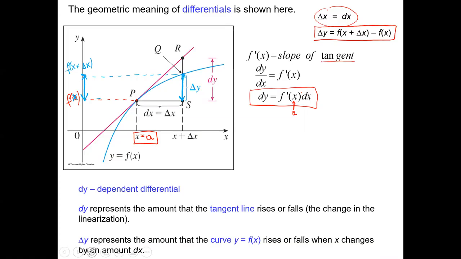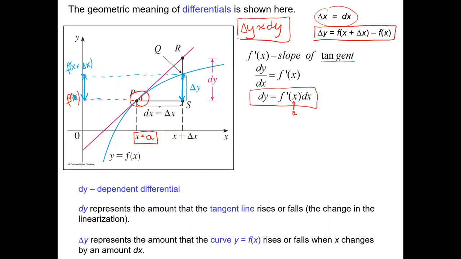And now, what is the point later in the approximation? You may notice that delta y is related to the function quantity, while dy is related to the tangent line. But when we go extremely close to the point of tangency, delta y and dy are almost the same, when we are really close to the point P. That means if we end up using differentials to approximate some values, this is our approximation.